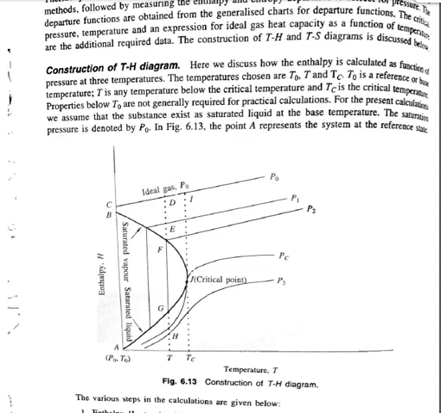T0 is the reference temperature, T is any temperature at any time, and Tc is the critical temperature, and T0 is the reference temperature for the basis. Properties below T0 are not generally required for a practical calculation.